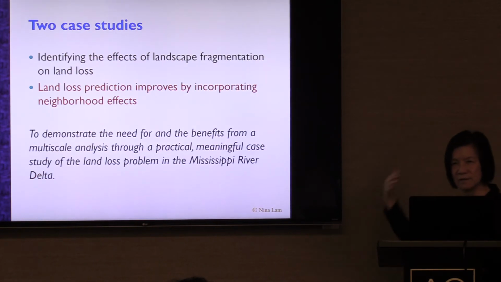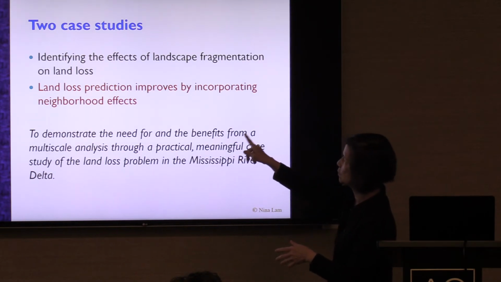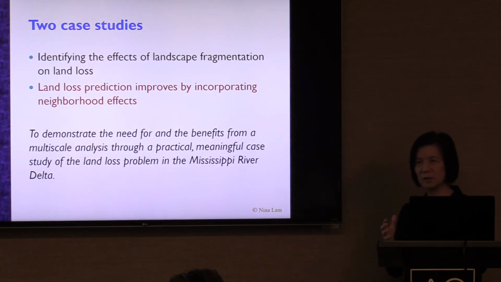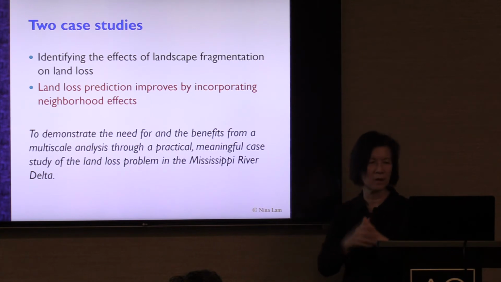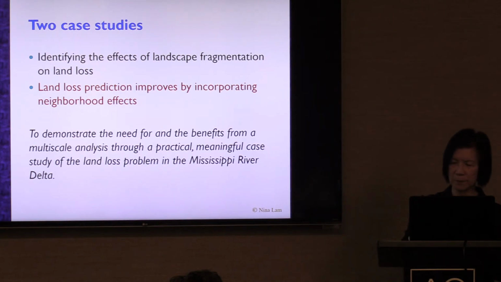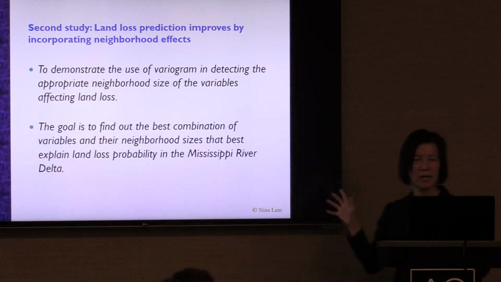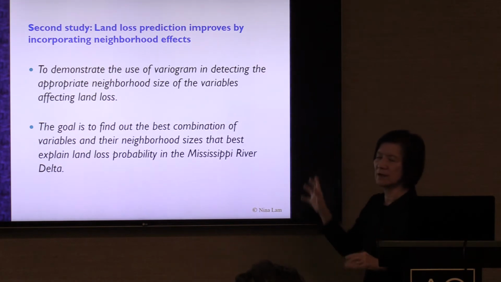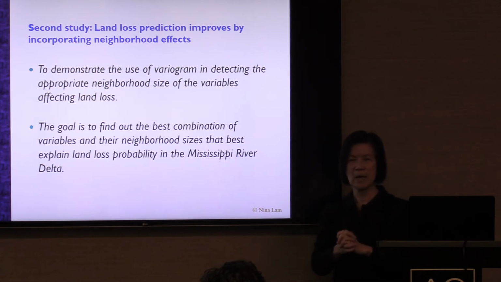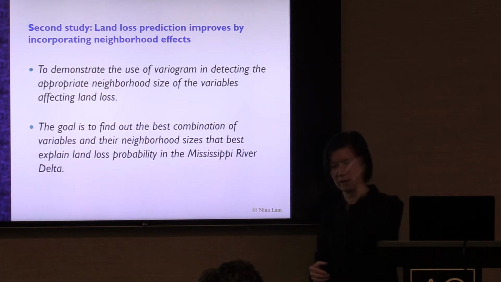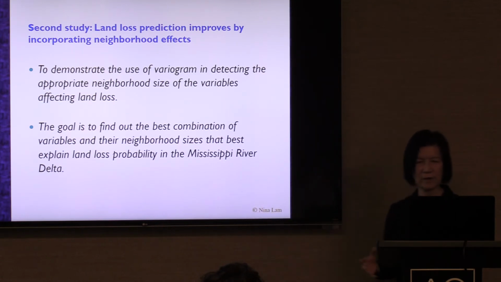So I have another study. Following this, I wanted to expand it further to look at land loss prediction, not just by fragmentation, but by other things, incorporating more. The reason I want to do that is, when we do a regression model, unless we do GWR, we always just look at the data at one point, and then do the regression with other variables.